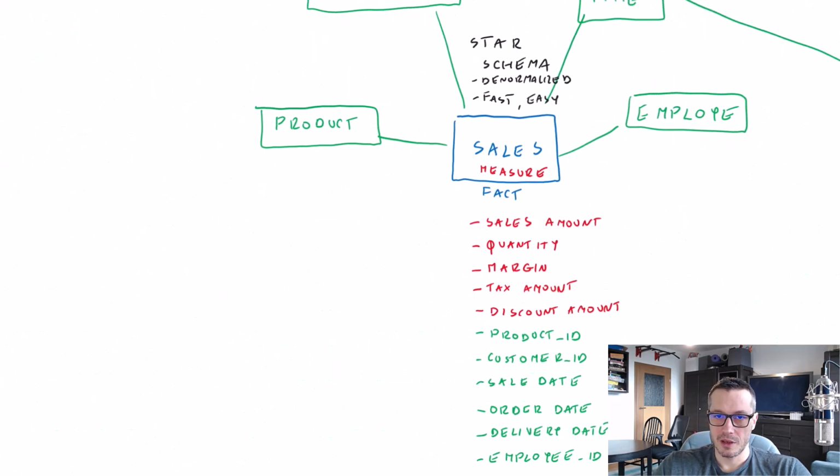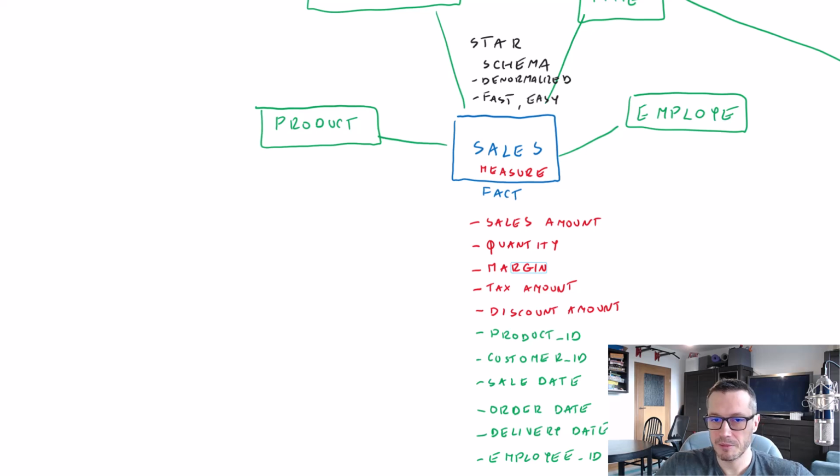All right, so let's move on. So far, what I was showing was this star schema, when we have this central fact table surrounded by dimensions. And actually, let's take a look inside this product dimension, how it might look like.